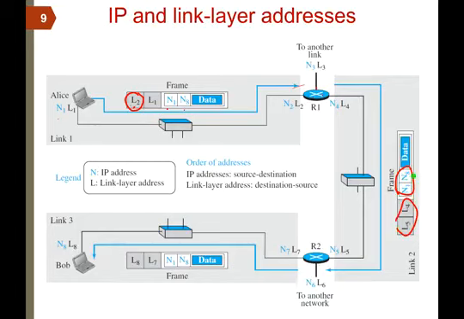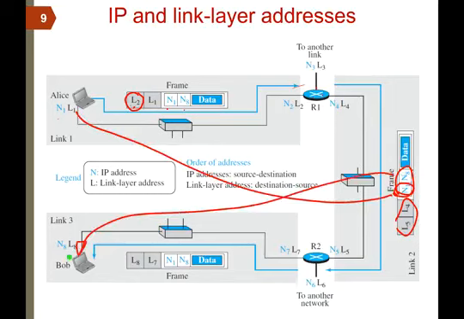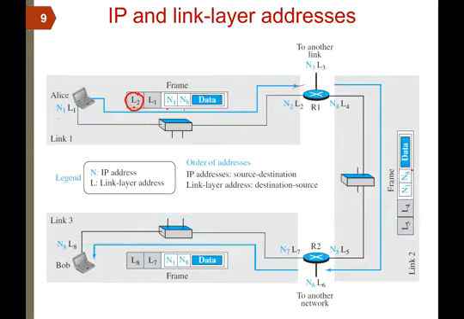Of course, the source and destination IP addresses will stay the same, because the source is always Alice, and the final destination is always Bob. So they stay the same here and here, but what will change are the source and destination link layer addresses.